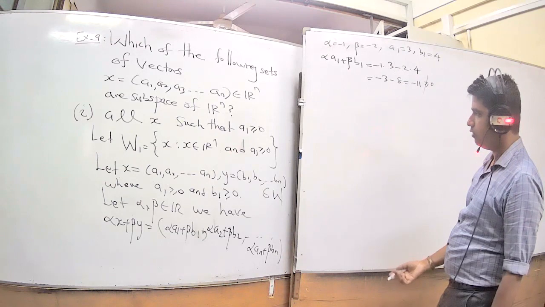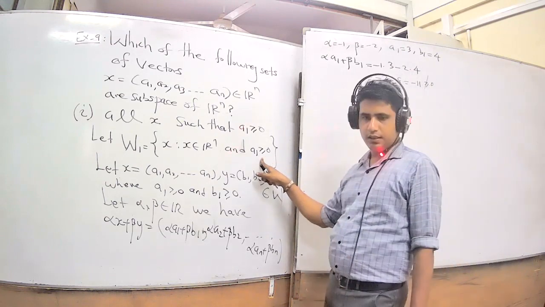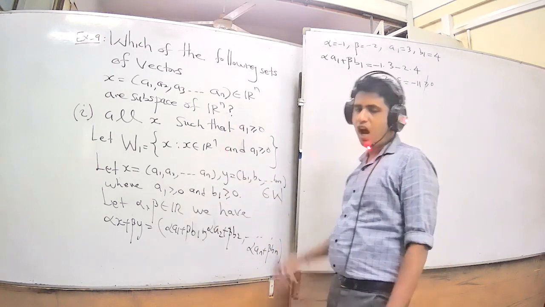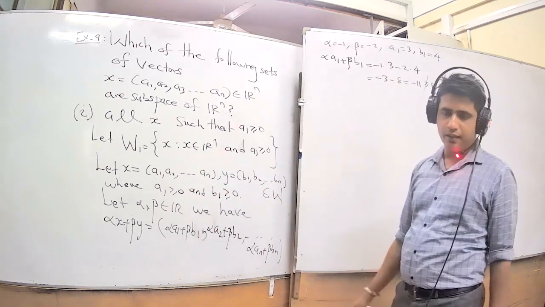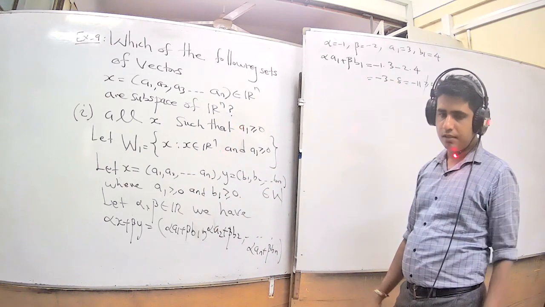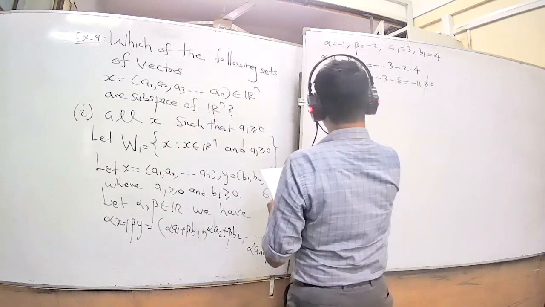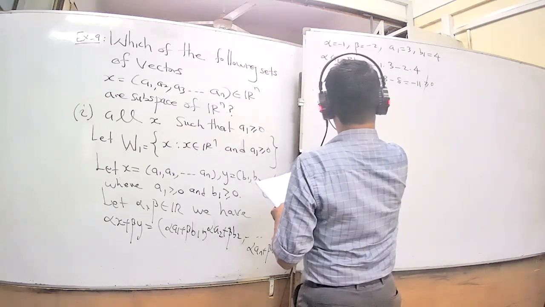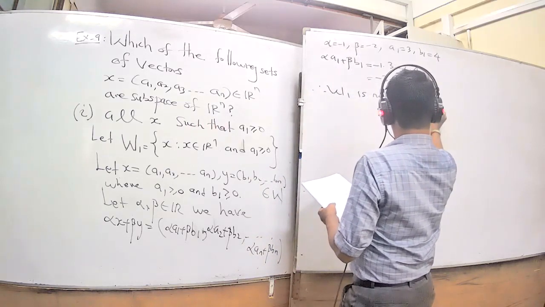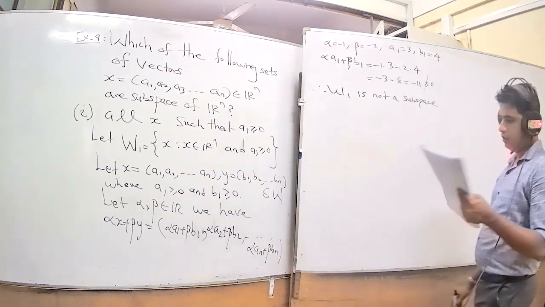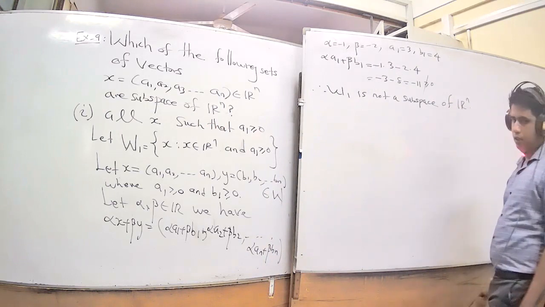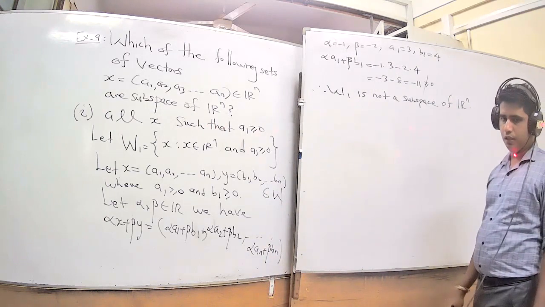Therefore, our condition is not satisfied for arbitrary numbers. Therefore, W1 is not a subspace of Rn.